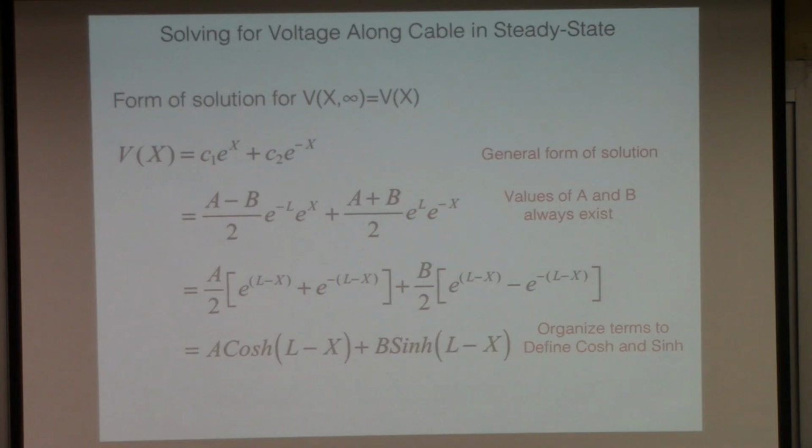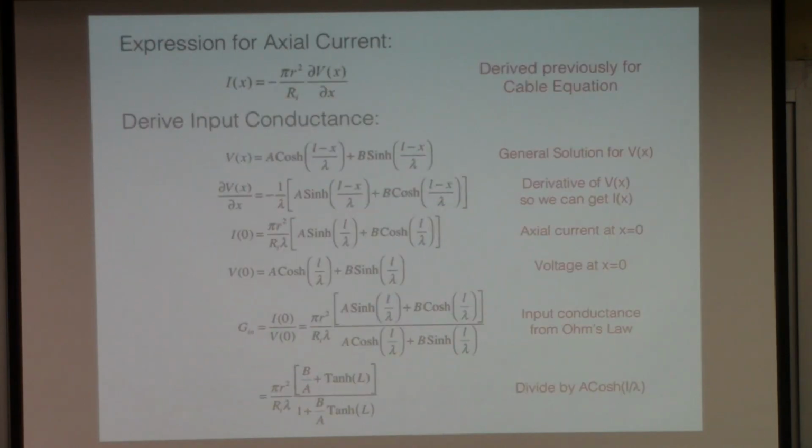All right. So we're going to try and figure out what those parameters A and B really represent, and how we get them. Here's the general solution for V. Now I've pulled a fast one on you here. I've jumped out of dimensionless world.